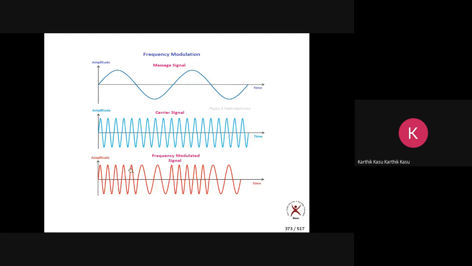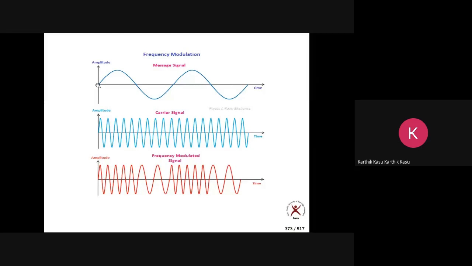Frequency. Here the waveforms are very close to each other. Here they are very far away from each other, so they have got more gap. Here they are very closely spaced. Here they are very far apart. So this tells us there is a variation in the frequency of the carrier. How are they varying? They are not varying randomly. They are varying according to the message signal.